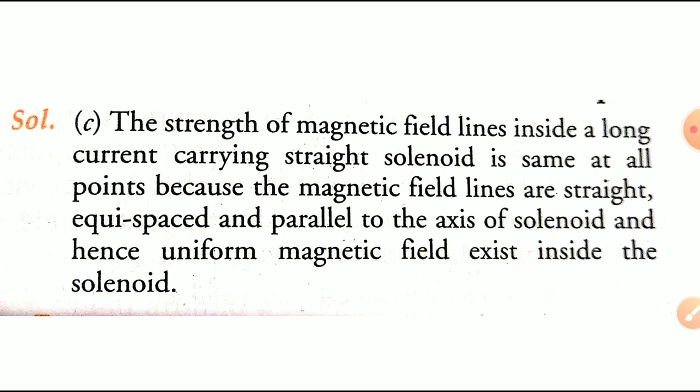In the exam, when an objective question comes, you only have to write the correct option: A, B, C, or D. Out of the alternative answers, you have to select one correct alternative. Here we are giving the description of the answer so that you can easily understand why the answer is B, why the answer is C. In the exam you don't need to write the reason unless it is asked in the question. If it is asked, then you have to write the reason. Otherwise, in a 1 mark question, it is never asked.